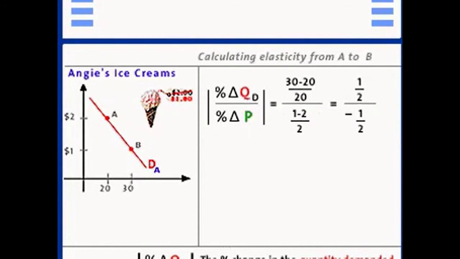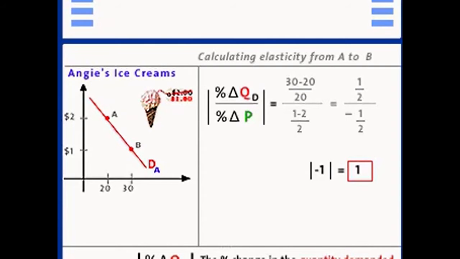If we take 1/2, the percentage change in quantity, and divide by -1/2, the percentage change in price, we get -1. Then apply the absolute value sign to get rid of the minus, and the elasticity measure, calculated moving from point A to point B, using point A as the base point, is equal to 1. We call this unitary elasticity, or unit elastic.